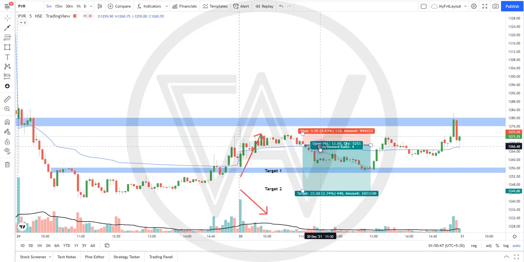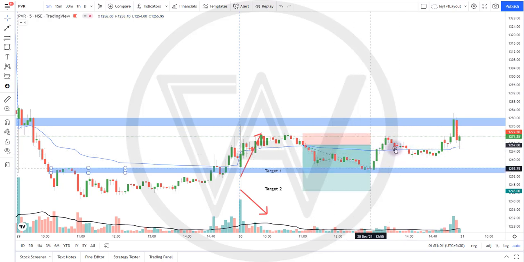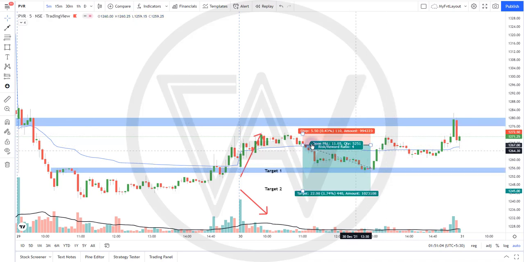Since the stop loss was above VWAP, in case of sudden volatility, as we saw here, I could have booked around 11 points, so I missed this profit. If I had a partial booking system, I could have at least taken 5 points overall, but it was an unlucky day.